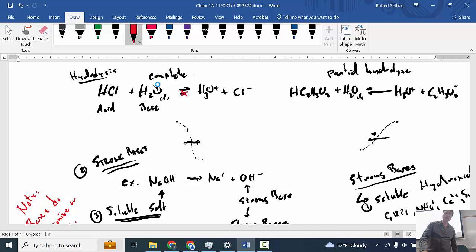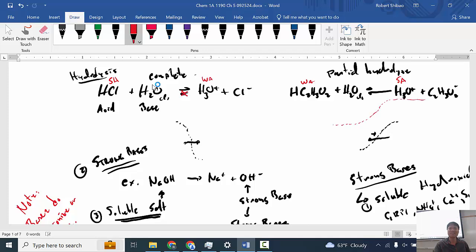When we look at the driving force for these two, what we'll see is we're going from a stronger acid, SA, to a weaker acid, hydronium. Hydronium is a weaker acid. Whereas over here, we're going from a weaker acid to a stronger acid. Hydronium is a stronger acid than acetic acid. So over here, this is an uphill climb.